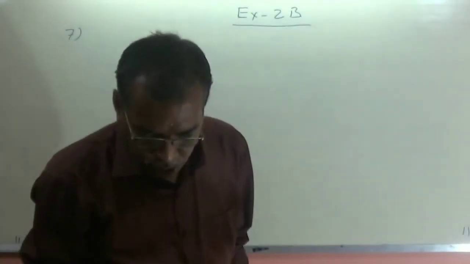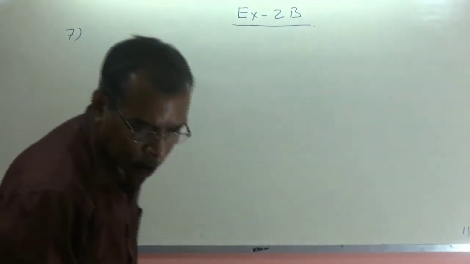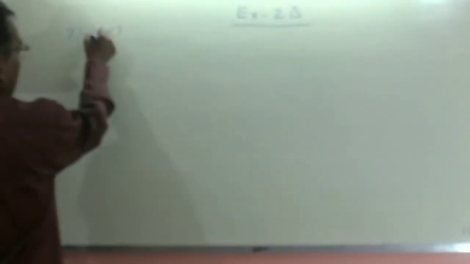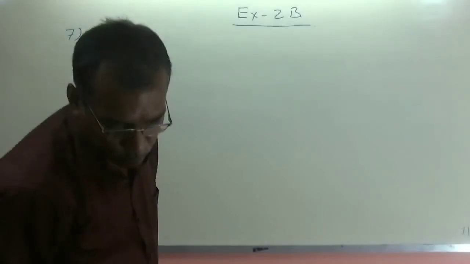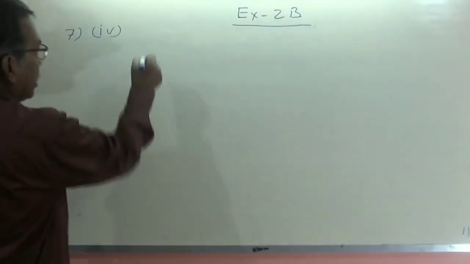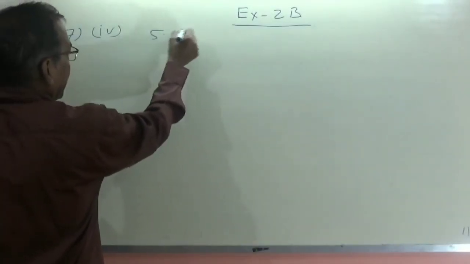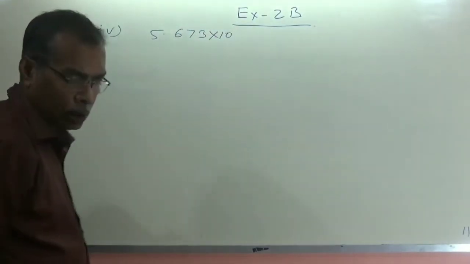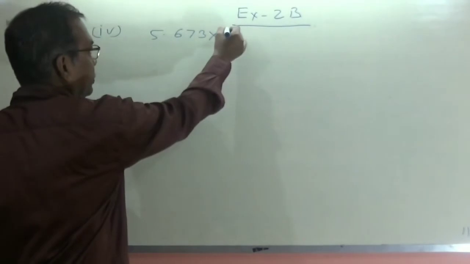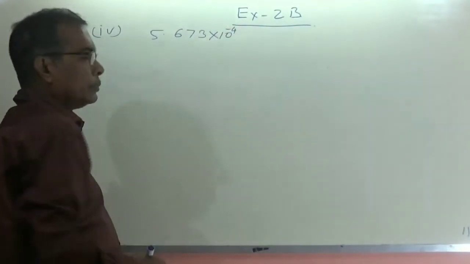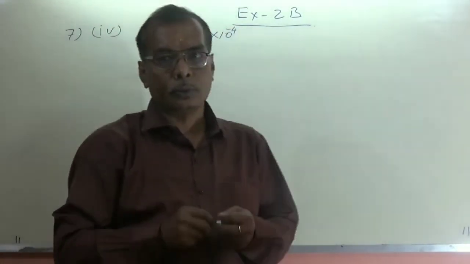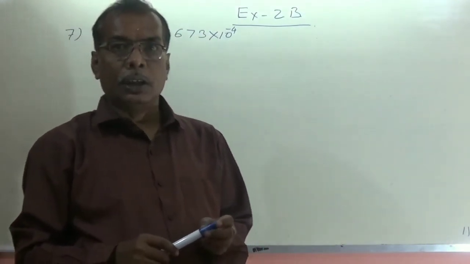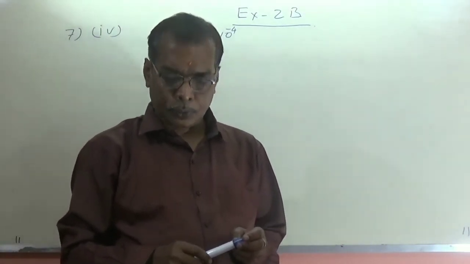Say suppose the question is 5.673 into 10 to the power minus 4. So change this number in the usual form.